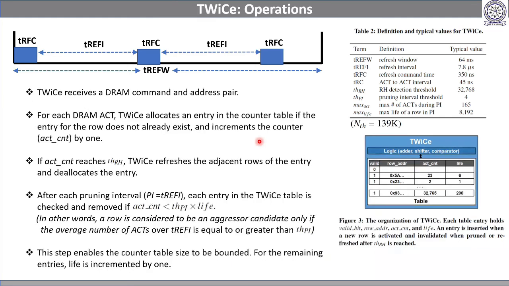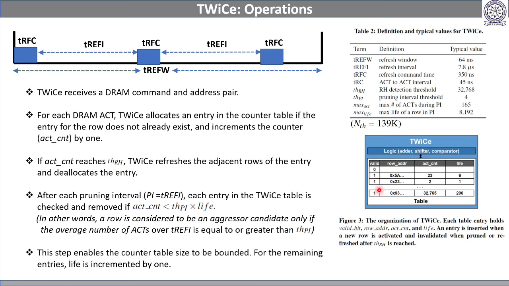So how does TWiCe work? First, TWiCe receives a DRAM command, or you can say TWiCe receives an activate command. Once TWiCe receives an activate command, it enters the corresponding values in this table. To enter a new entry in this table, there must be a free location.